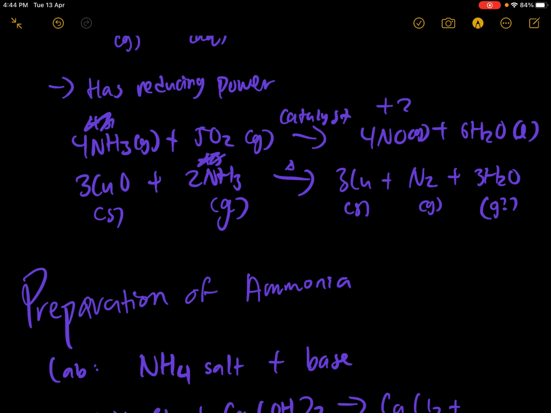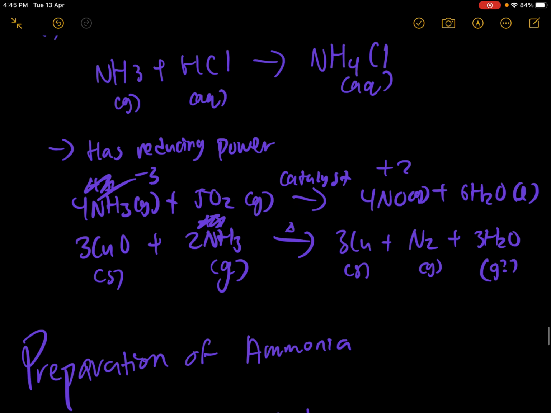For this one, here's +3. Oh wait, no, I get it now. I got confused because it's at the front. But H is always +1. So according to the oxidation number, nitrogen here will be -3. So -3 becomes +2. That means it loses electrons, so it gets oxidized. So it has reducing power because it oxidizes itself to reduce other elements.